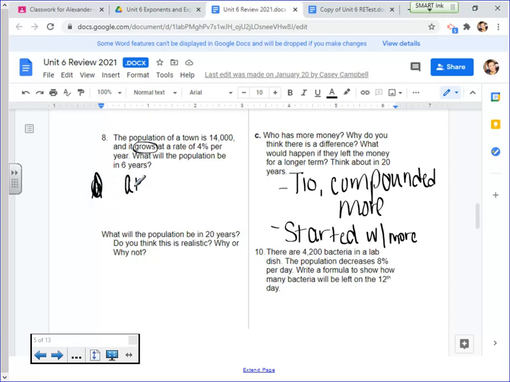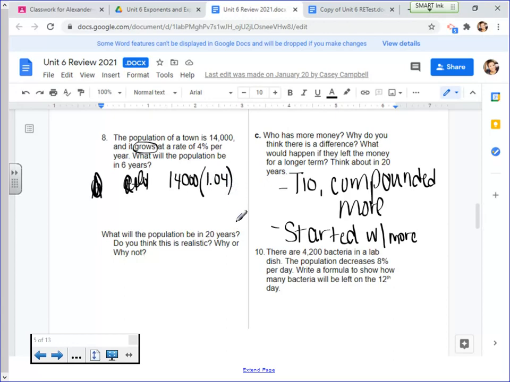A times, you take your initial amount, which is A, $14,000. You're going to take your rate, but you have to add 1 to your rate. So I'm going to take 1 plus 4%, which is going to be 1.04.